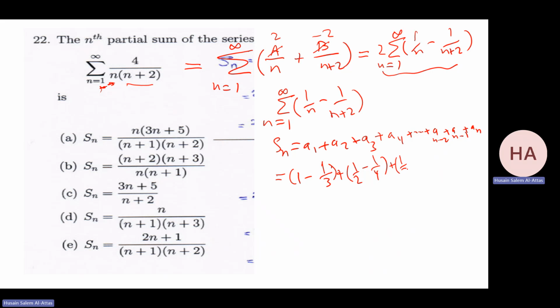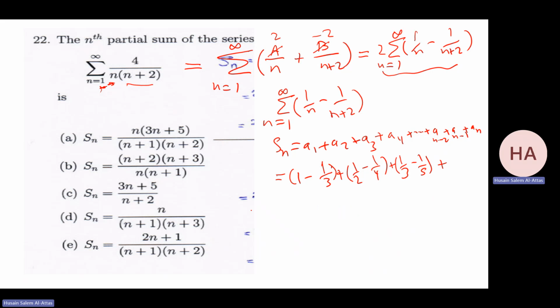I have 1 over 3 minus 1 over 5 plus 1 over 4 minus 1 over 6. Plus blah, blah, blah, plus this is 1 over n minus 2 minus 1 over n, plus 1 over n minus 1 minus 1 over n plus 1. Yeah, let me give a bit more space.